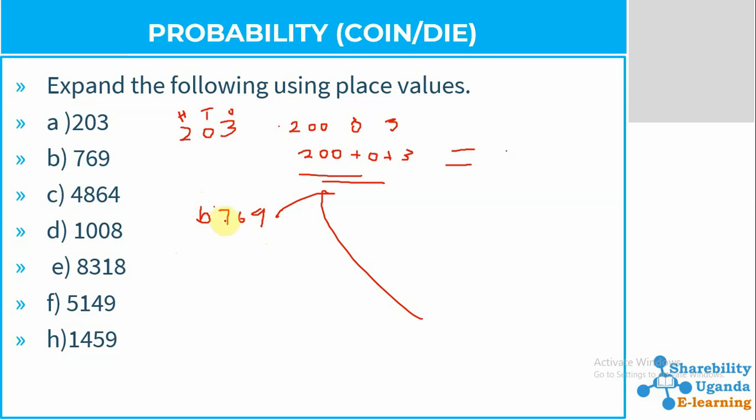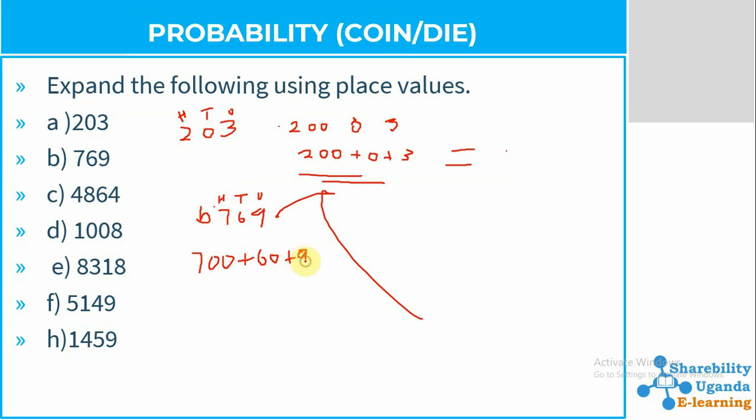So in this number also we give them place values. This is ones, tens, okay, then hundreds. So this simply means we shall be having our 700, and then plus our 60, that is 6 times 10, then plus our 9.